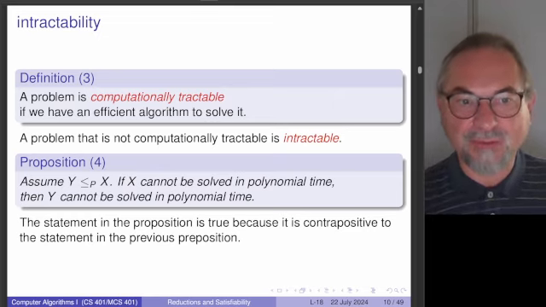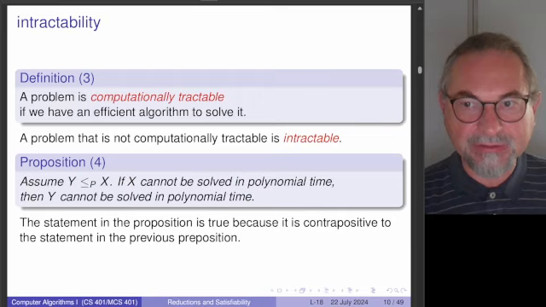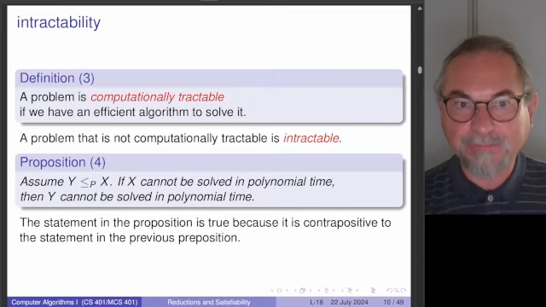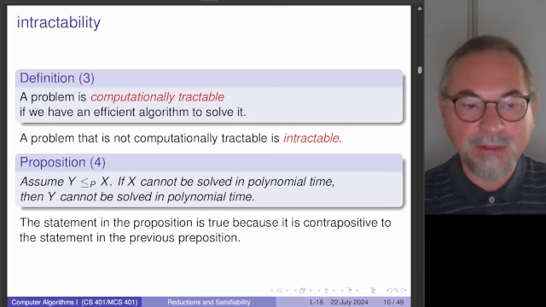That is what the contraposition does. The statement is important because even a proof showing that you don't have an efficient algorithm may help you to reformulate the problem. As soon as you would find an efficient algorithm, you would find an efficient algorithm for a whole class of problems.